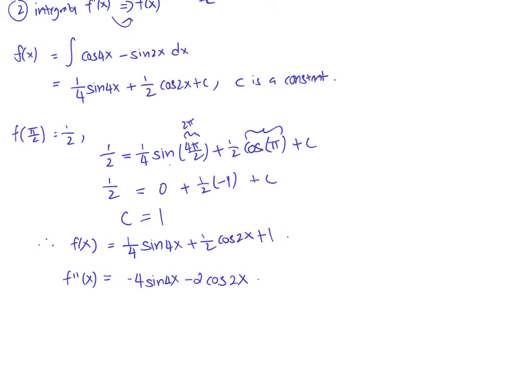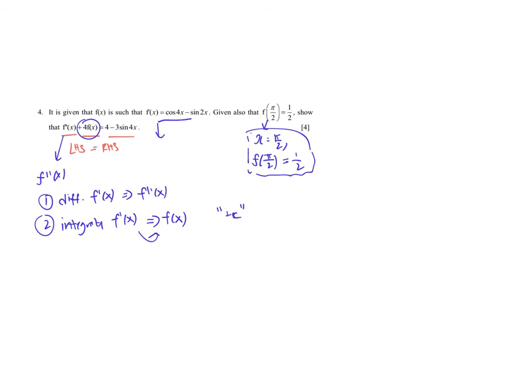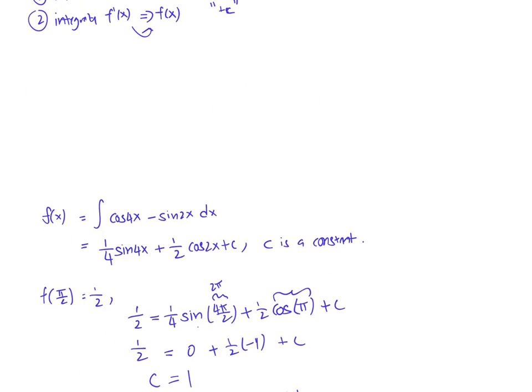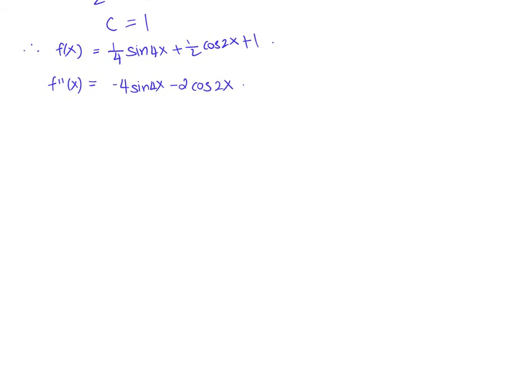If you refer back to your question, we are supposed to get the expression on the right hand side to be 4 minus 3 sine 4x. So let's continue our working, and let's begin with our left hand side.